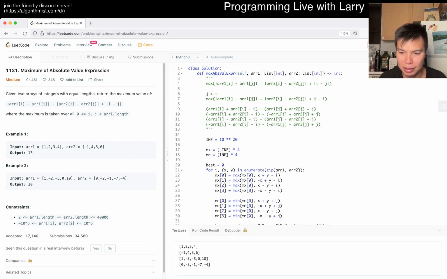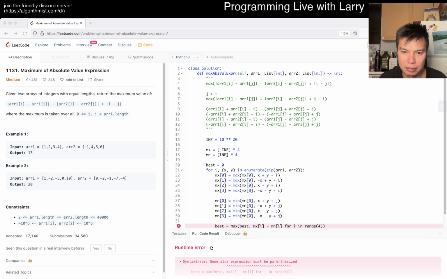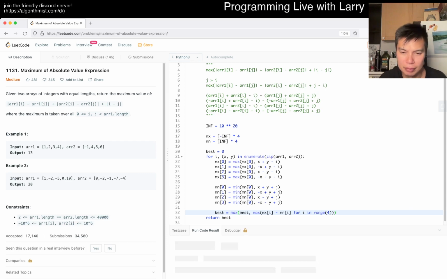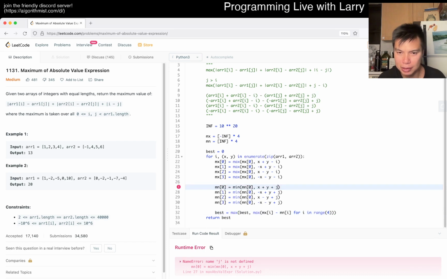Let's run it real quick. Oh, whoops. We want, so this is return to this, we want the max of this, so J is not, oh whoops, I guess I is the current ones.